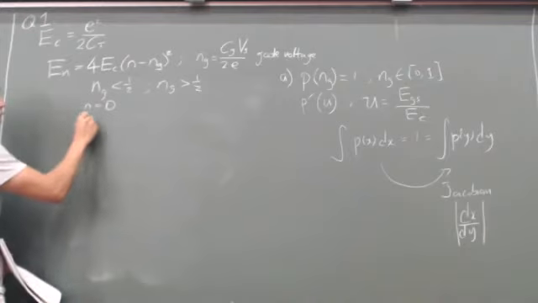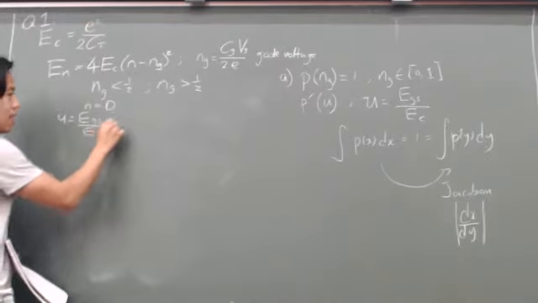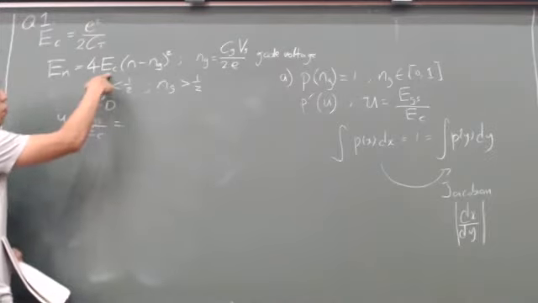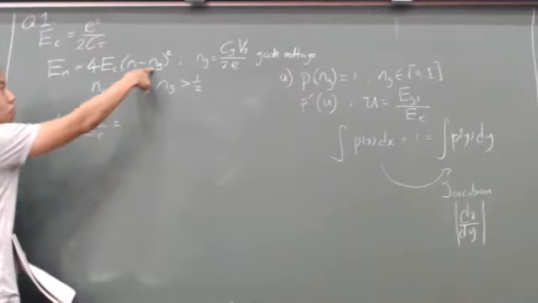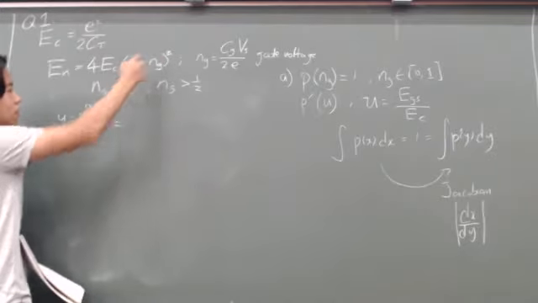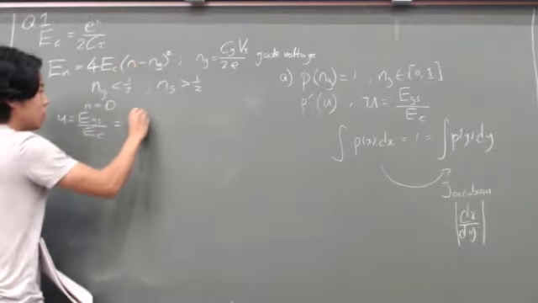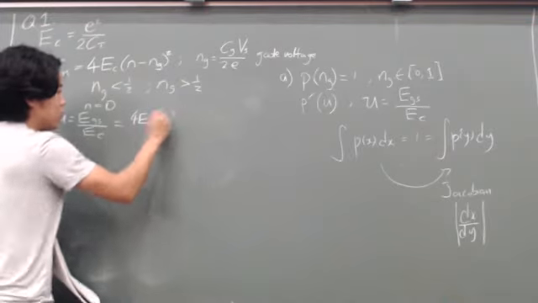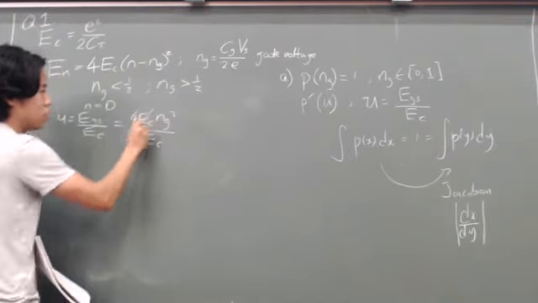So our ground state energy U is equal to E_GS divided by EC, and that's equal to 4 EC ng squared divided by EC. So these two cancel out.